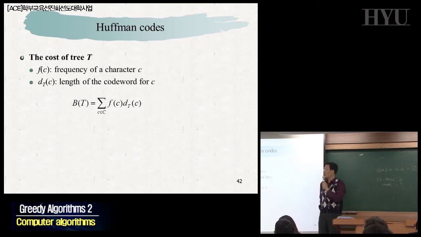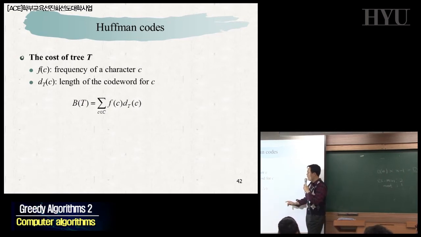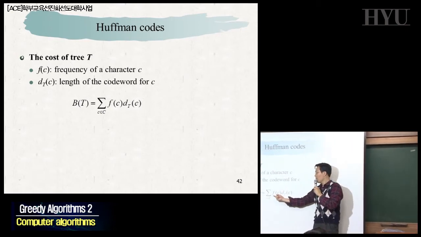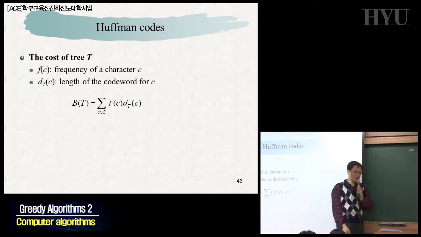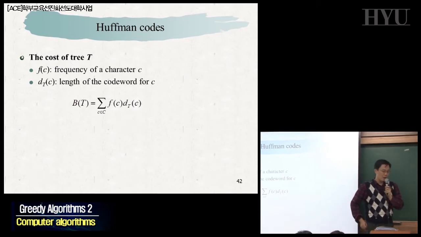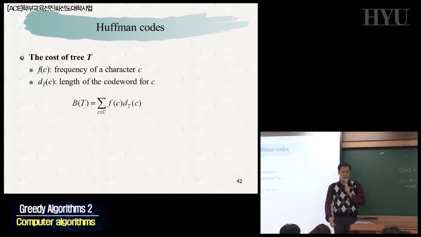The cost of tree T is the sum of the product of f of c times d of c in T. F of c is the frequency of a character c, and d of c is the length of the code word for c.